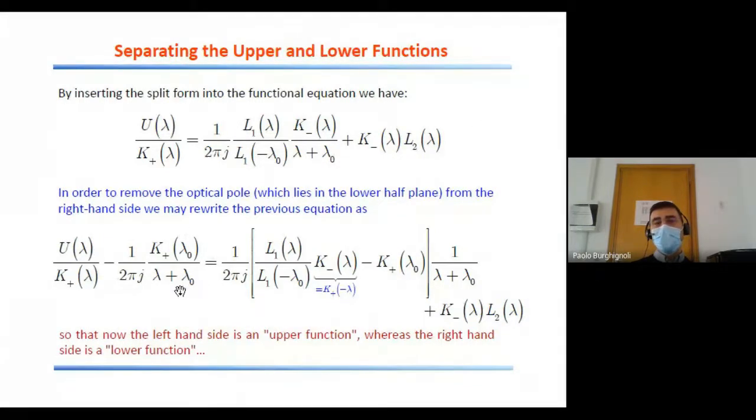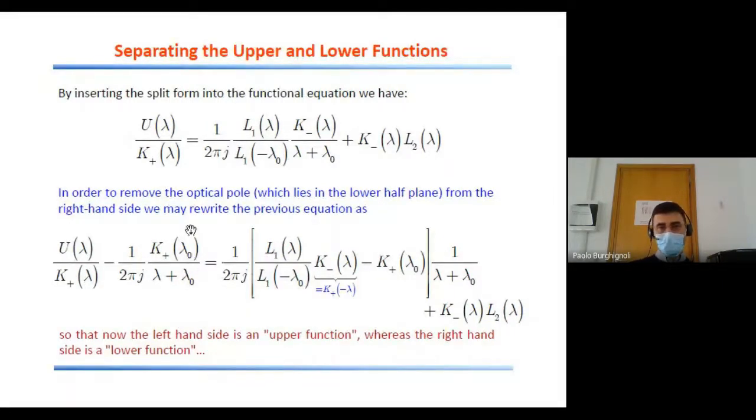So you can see there is a pole in this term here. However, in the numerator, we have a constant, which is k plus evaluated at lambda 0. Why exactly this constant?